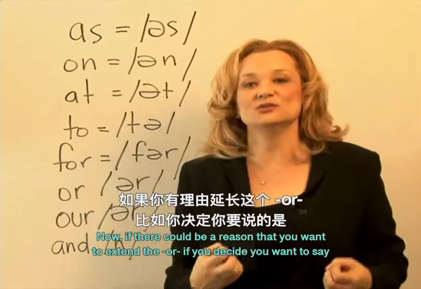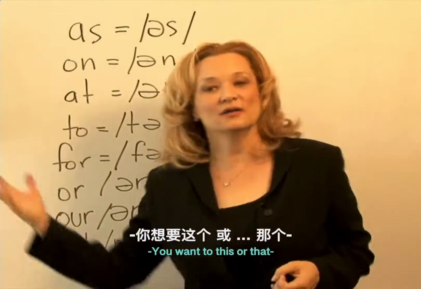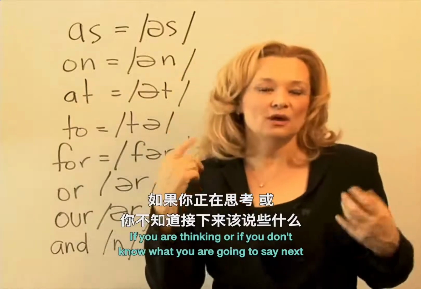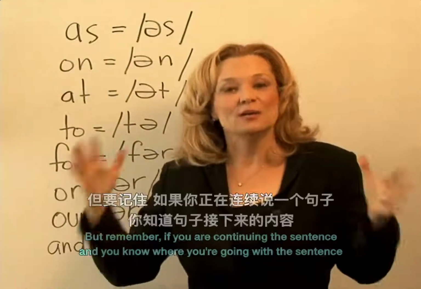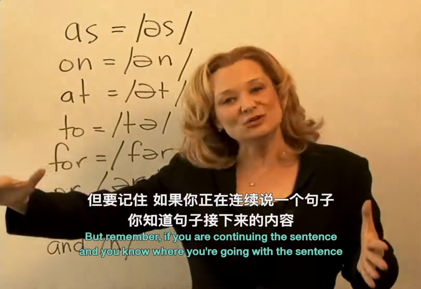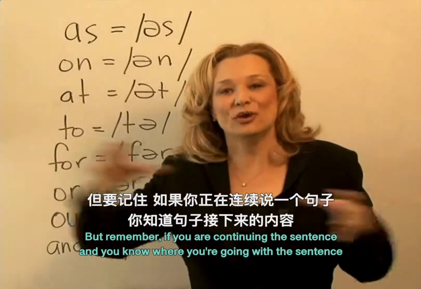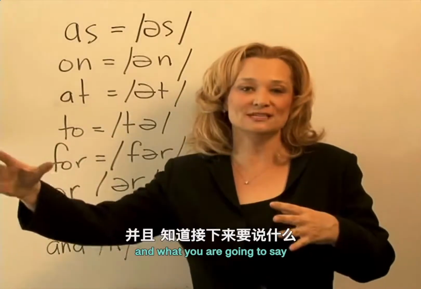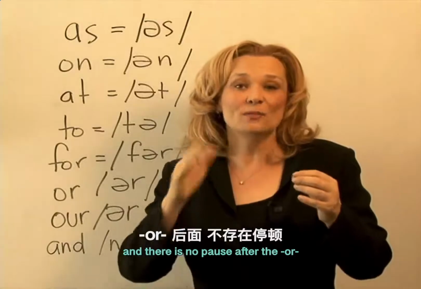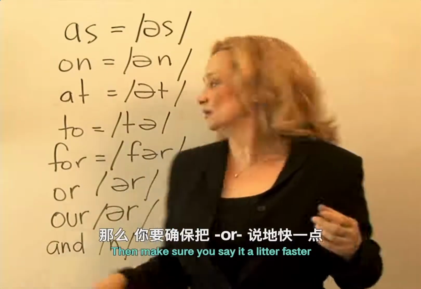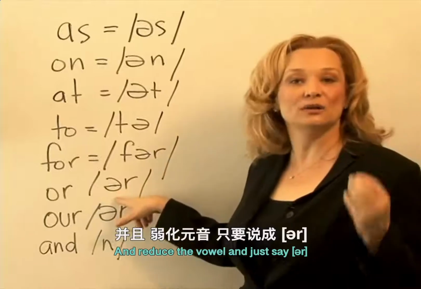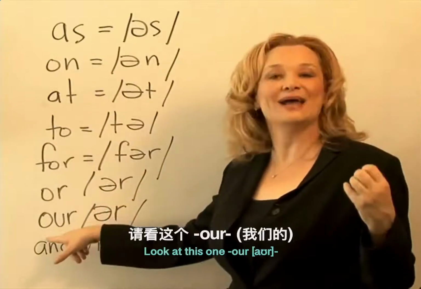If you decide you want to say, "Do you want this or that?" If you're thinking or if you don't know what you're going to say next, of course, you can change it. But remember, if you're continuing the sentence and you know where you're going with the sentence, and there's no pause after the "or," then make sure you say it a little faster and reduce the vowel.